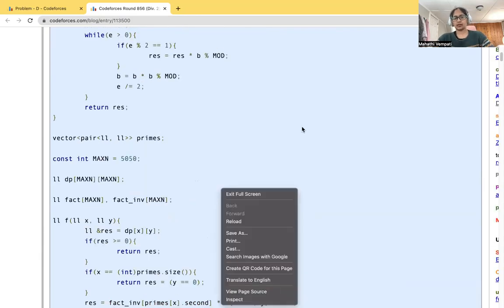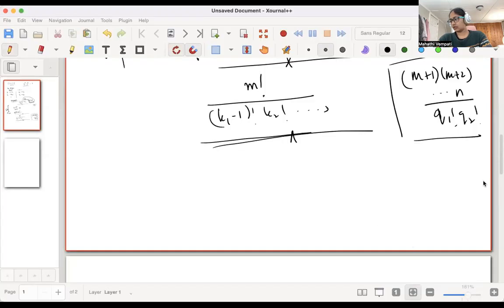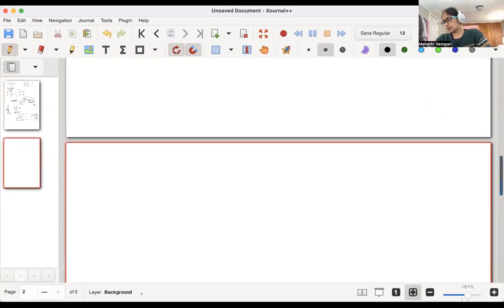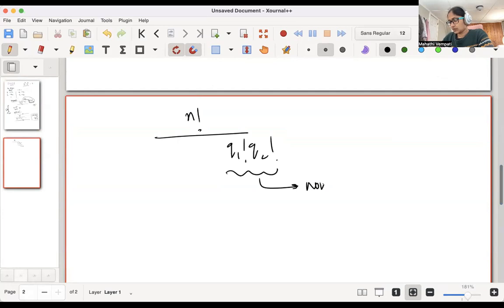So one thing that I realized I was getting confused with is that I know that I had to do n factorial by all those q1 factorial, q2 factorial, which were the non-primes.